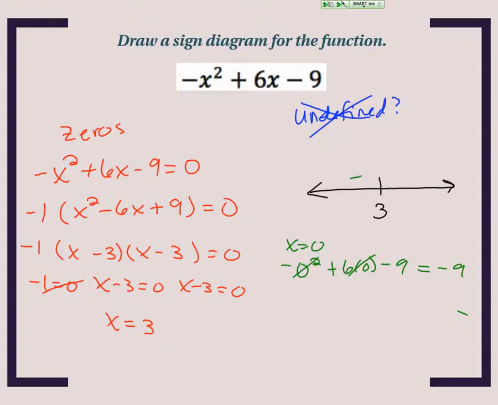Someone in my second hour suggested I plug in 100, and I said that was just too much. But let's say I plug in 10, because 10 is greater than 3. I just kind of want to show you we can pick any number. So if I do that, keep in mind that 10 squared is 100, but this negative sign is outside of that. So I have negative 100 plus 60 minus 9.